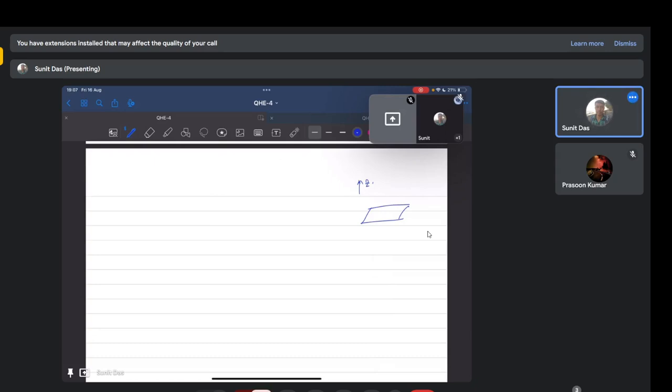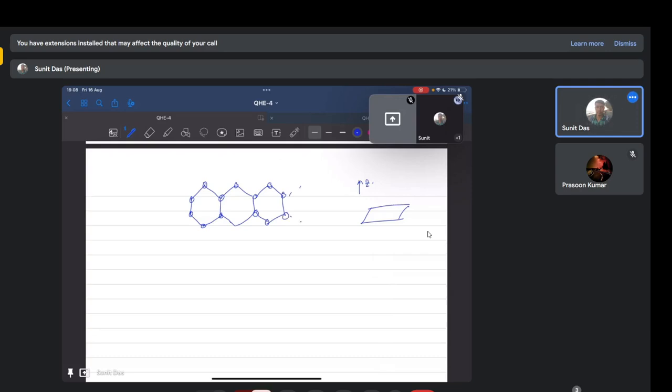And graphene's structure looks something like this, a honeycomb structure, and at each place there is one carbon atom sitting, and so on.